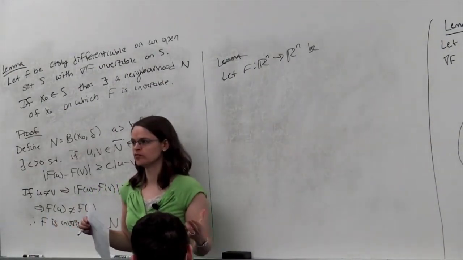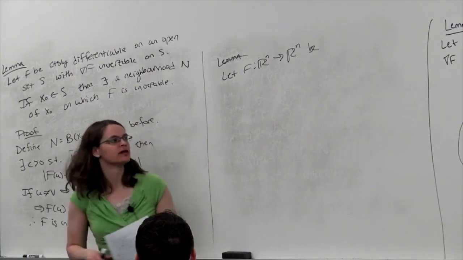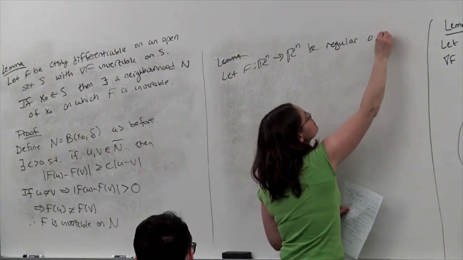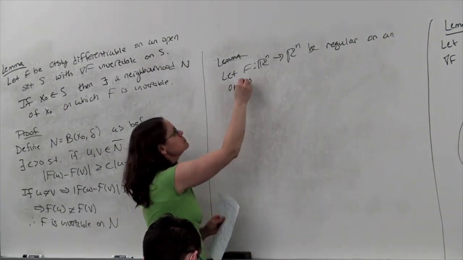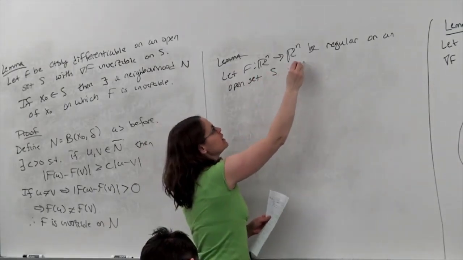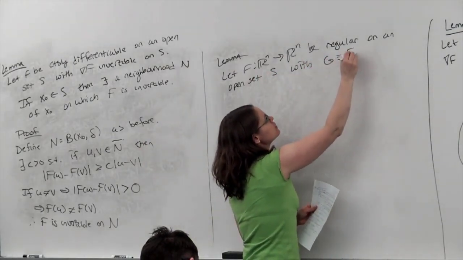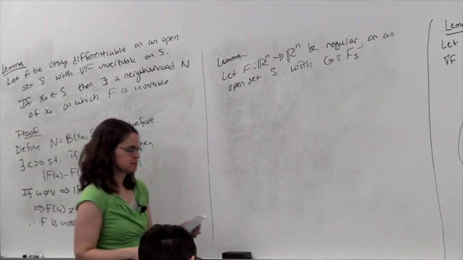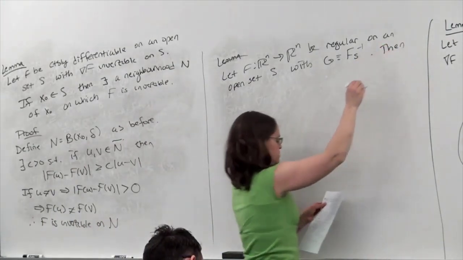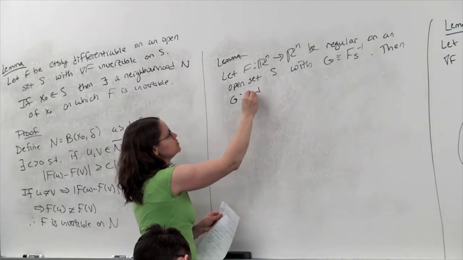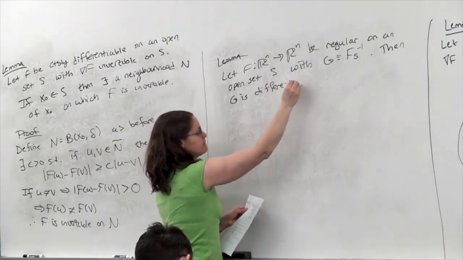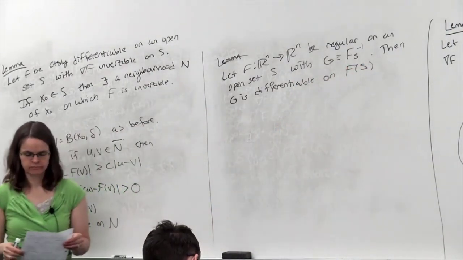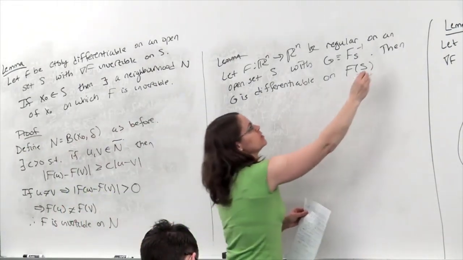We now have an invertible function, which is invertible on this little neighborhood at least. We define this local inverse on S. And then we can say that G is differentiable on its domain. Its domain is f of S. And we have an expression for its Jacobian.